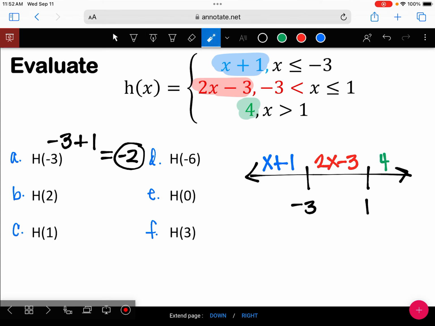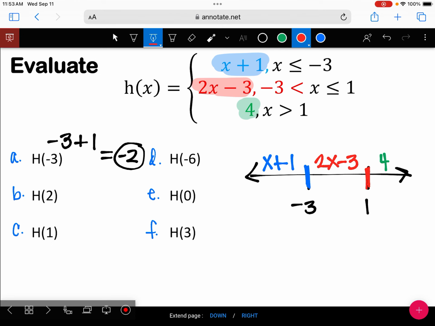The tricky part is, what if it lands on the number? Then you have to know, are you going to go to the left side or to the right side? So that's the main thing to know. So if it lands on -3, then it belongs to the x plus 1. If it lands on +1, then it would belong to the 2x minus 3.